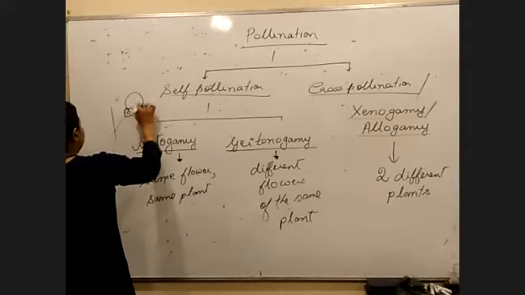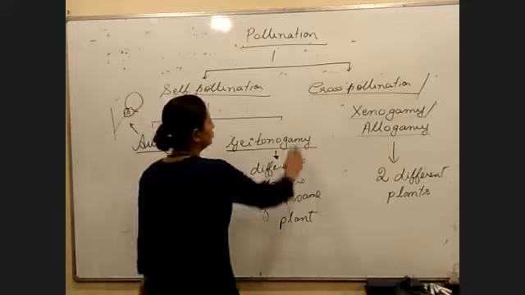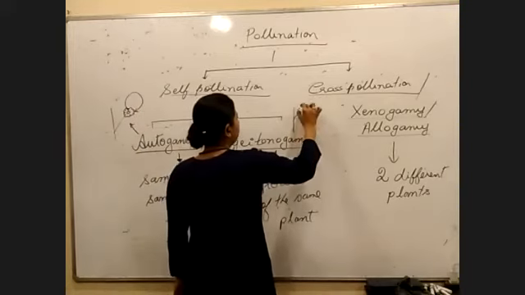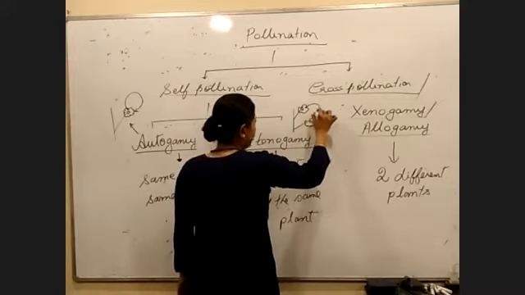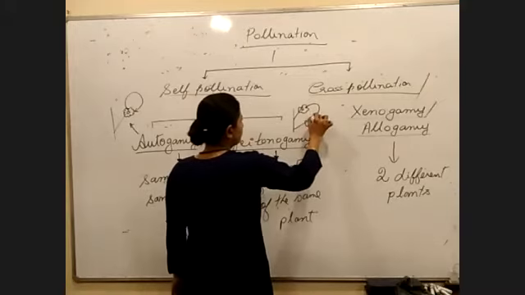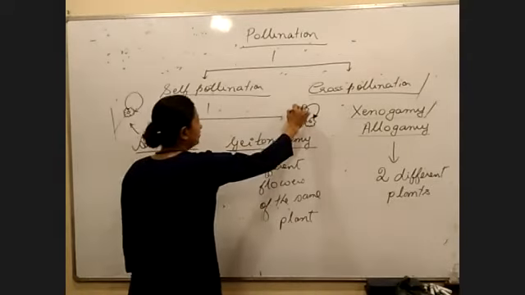So if pollination occurs here, this is autogamy. If you're talking about metagamy, maybe we are talking about a flower here, and a flower here, pollination will occur here. So this is called metagamy, but obviously of the same plant.